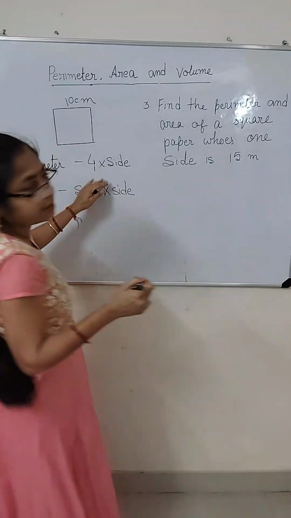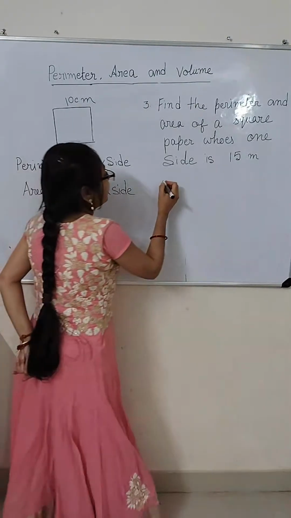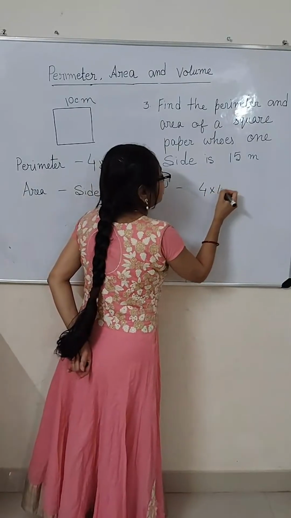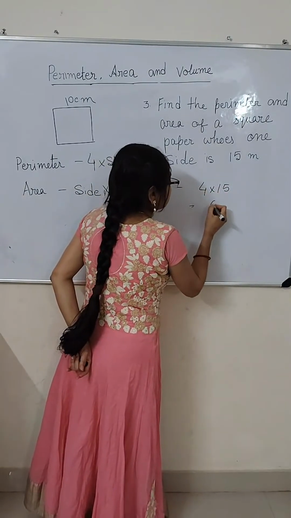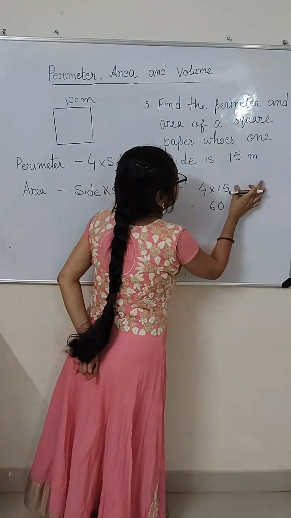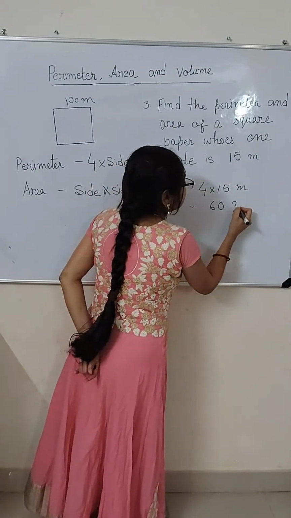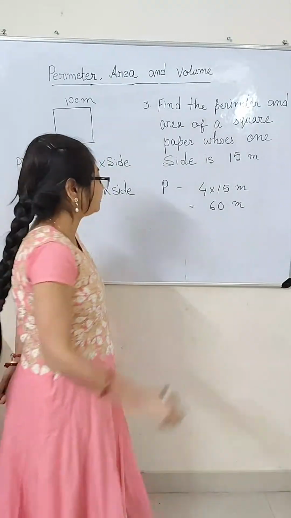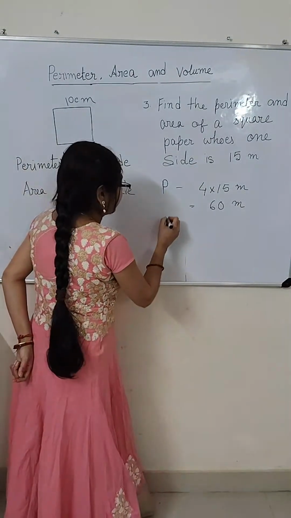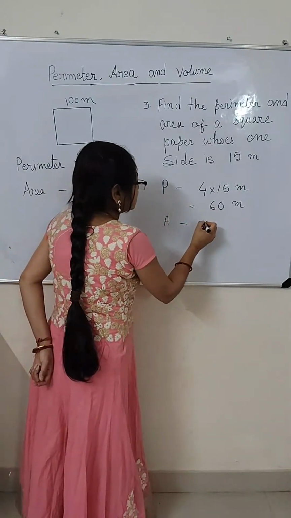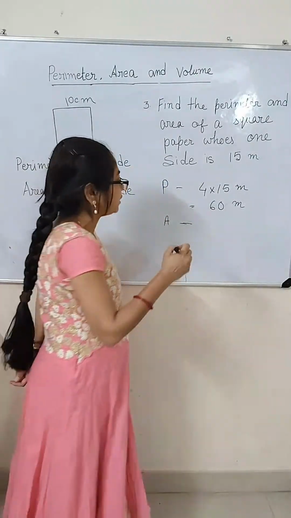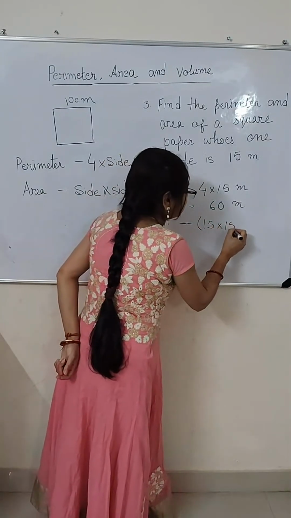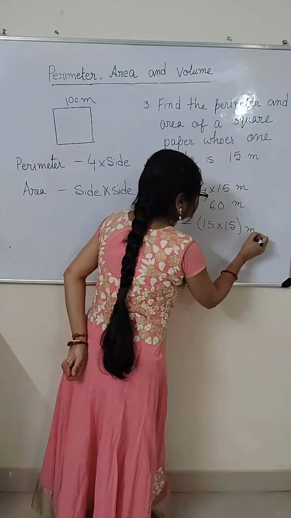First, put the perimeter formula. Perimeter, P. 4 into 15 means 60 meter. Perimeter is 60 meter. And then area. Area means side into side. Means 15 into 15 meter.